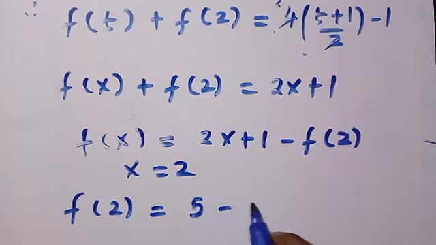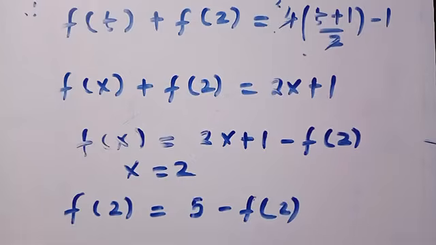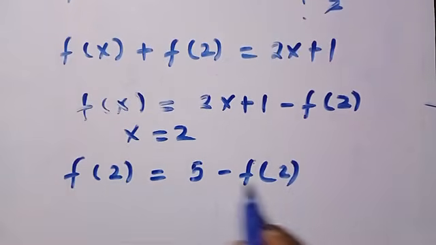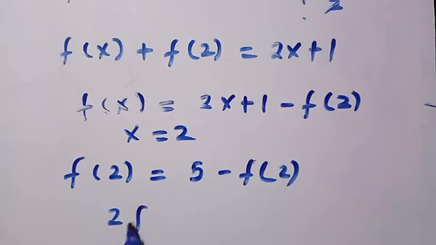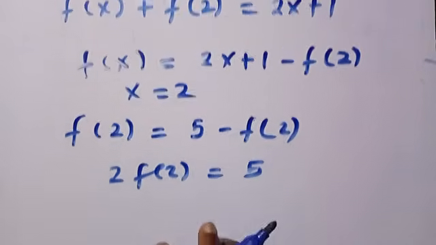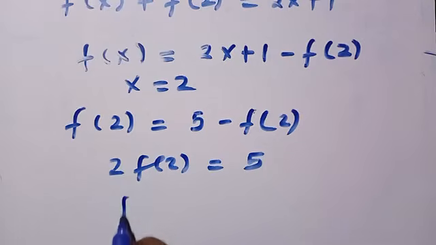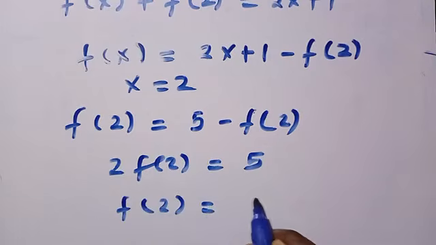We have it as 5 minus f of 2. So for 5 minus f of 2, and this is f of 2, we take this one here. So we have 2f of 2 equals 5. So dividing both sides by 2, we have f of 2 equals 5 over 2.